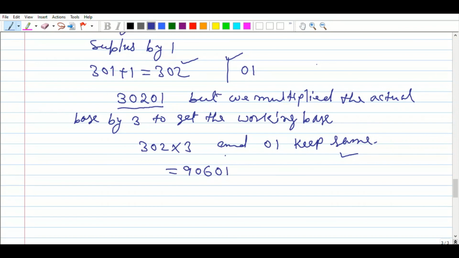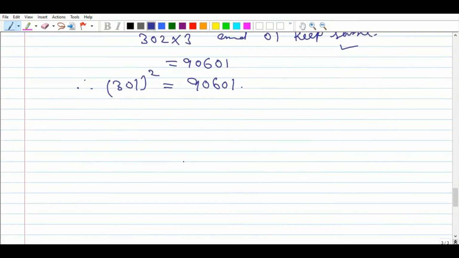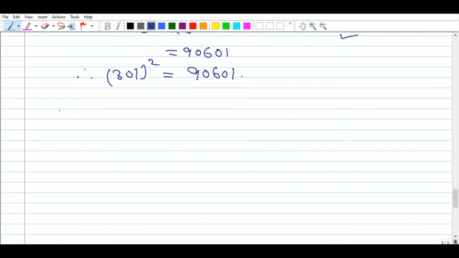Okay, so dear learners, the square of 301 equals 90601. We can take another example, 201, and make it as per the above explanation.